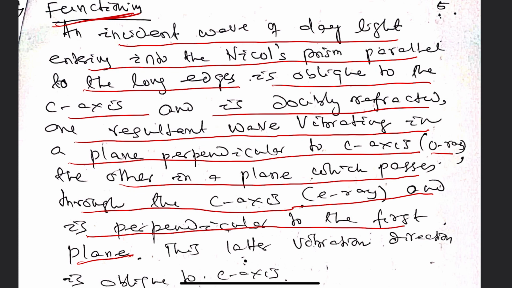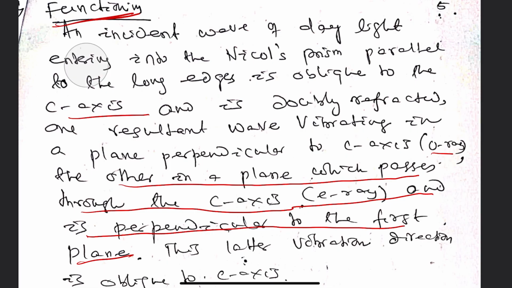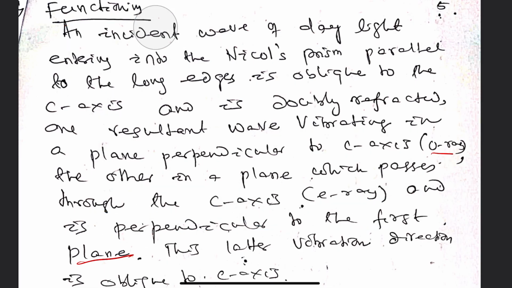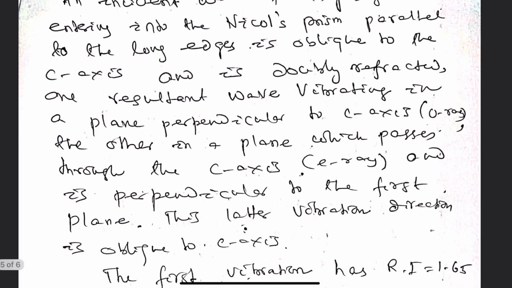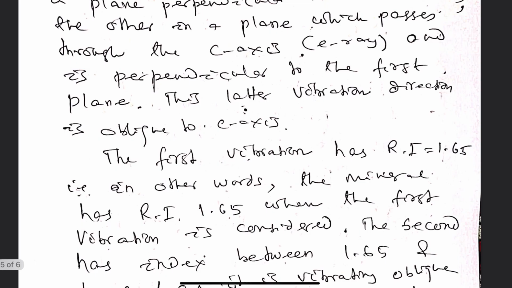We know the O ray always vibrates in the basal plane perpendicular to the C axis. The E ray always vibrates in a plane that contains the incident ray and the C axis. As here the C axis is oblique to the long edge and light is incident parallel to the long edge, double refraction takes place.